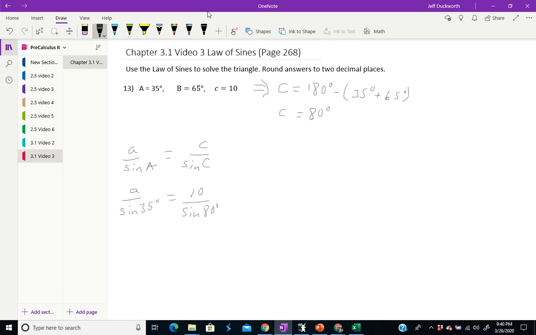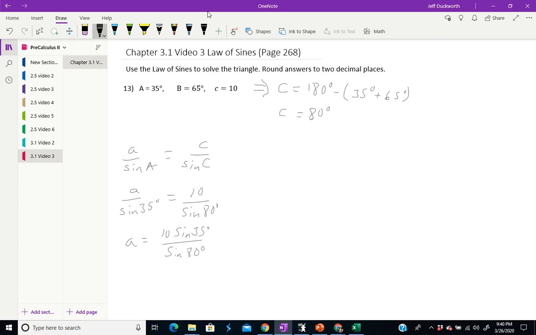All right, and then via cross multiplication, or actually in this case, we're just going to multiply through by sine of 35. We're left alone with a is equal to 10 sine of 35 degrees over sine of 80 degrees.